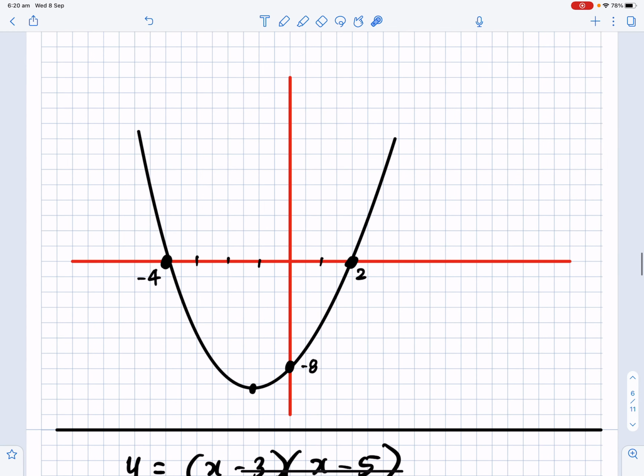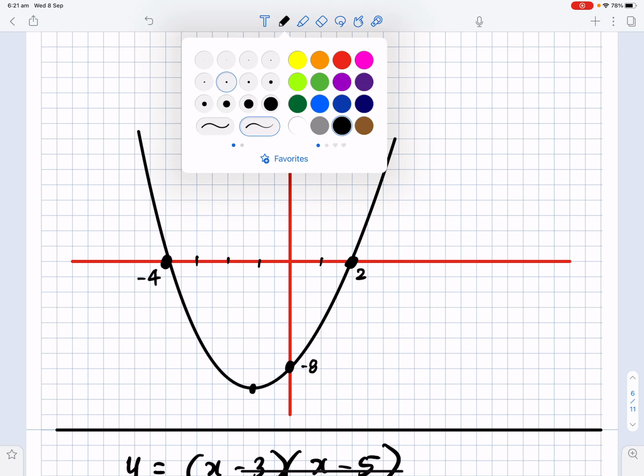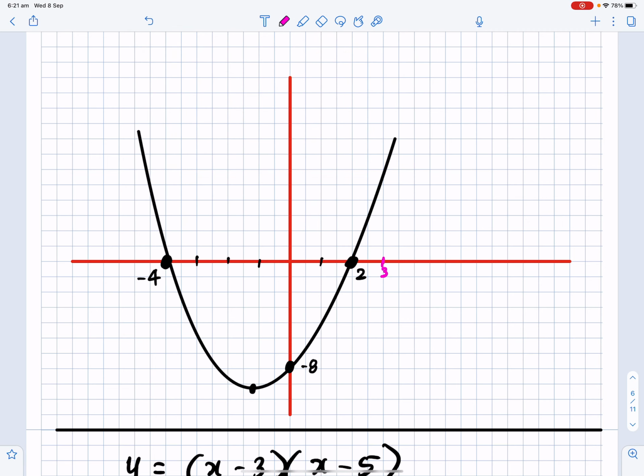Now I want you to think, if I ask you to sketch this parabola, and I said to you, for example, this is x is equal to 3, and I want you to find the y value, we know that this point here on the parabola has an x value of 3.